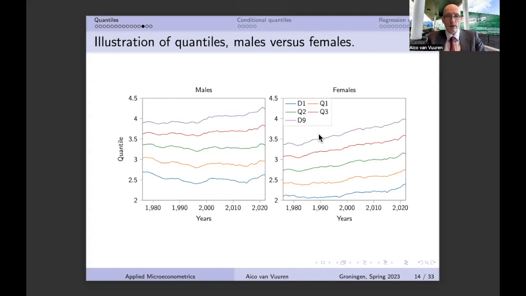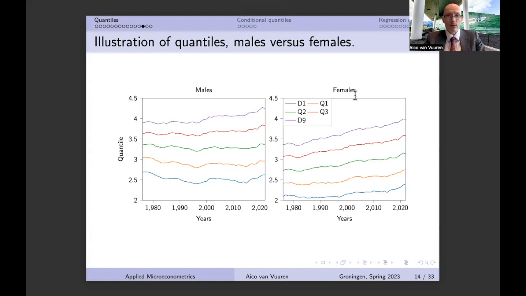Well, we can also look at other pictures. Here we look at the developments over time, and what we do here is start from 1976 up till 2022, which is of course about wages of 2021. Here we now have the quantiles on the y-axis, and we have two pictures, one for males and one for females.